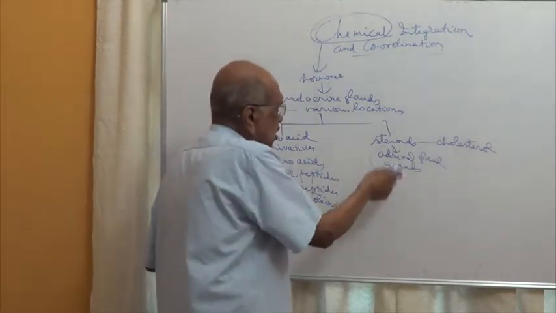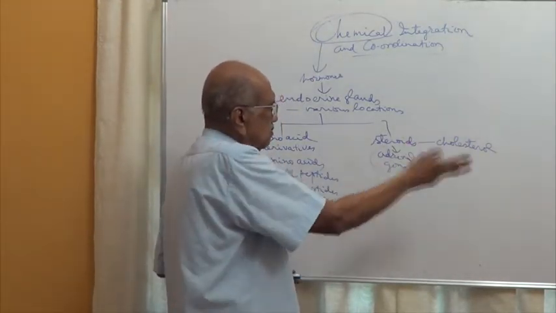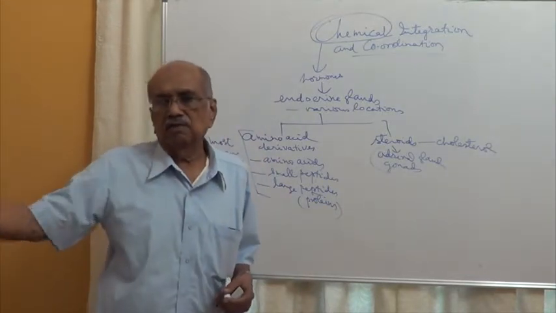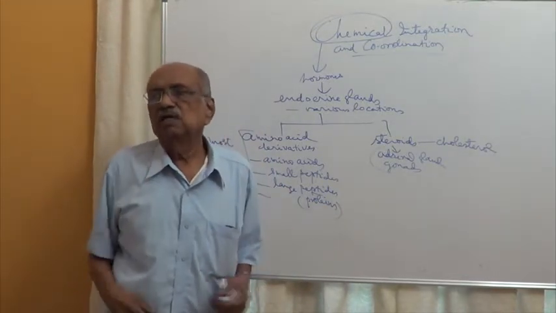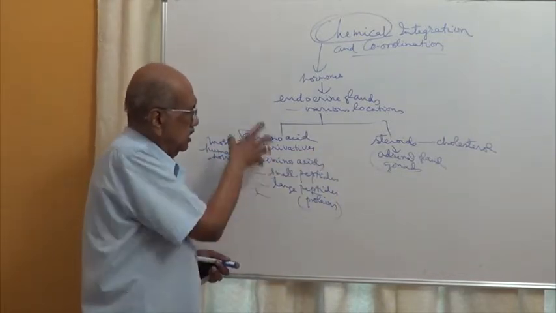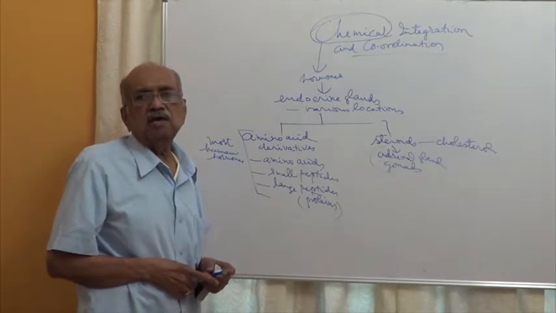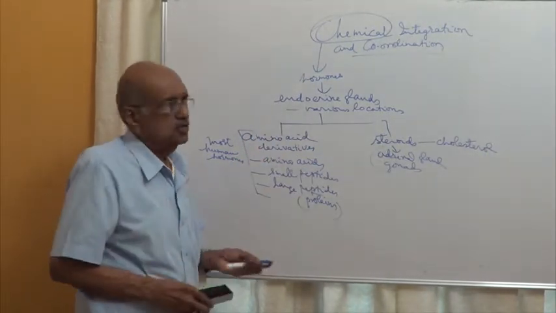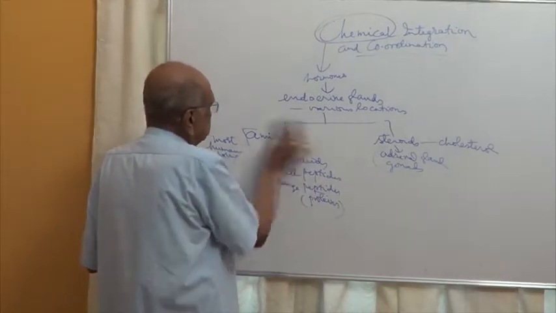So very few steroid hormones are there. The adrenal gland produces a couple of them. Each gonad, the male gonad and the female gonad, produces a couple of them. So those are different when compared to the amino acid derivatives, which outnumber the steroid hormones.